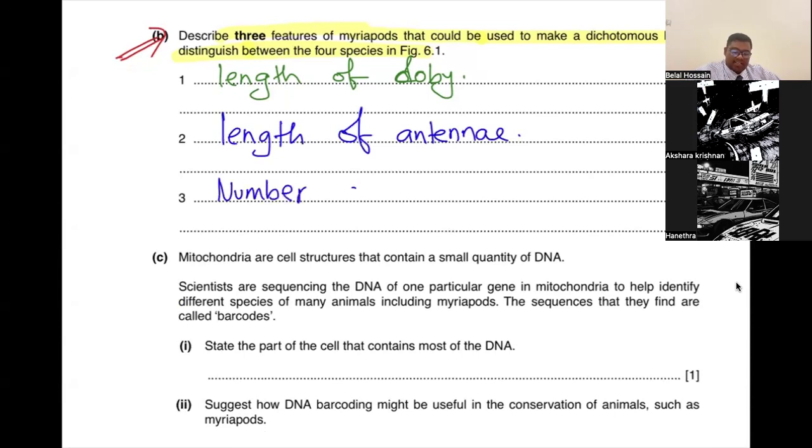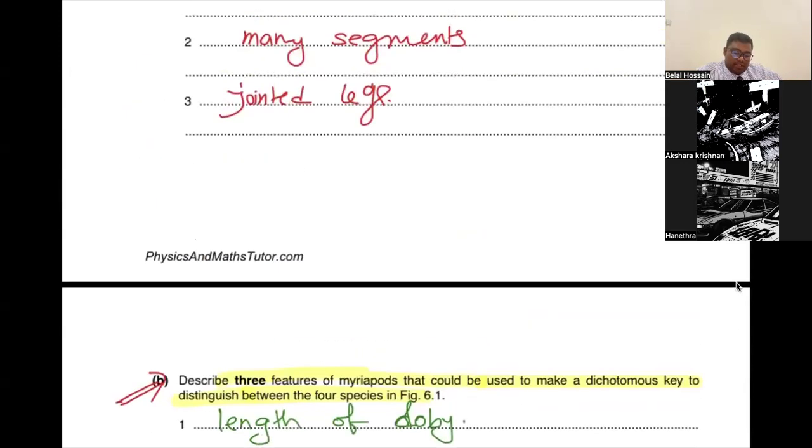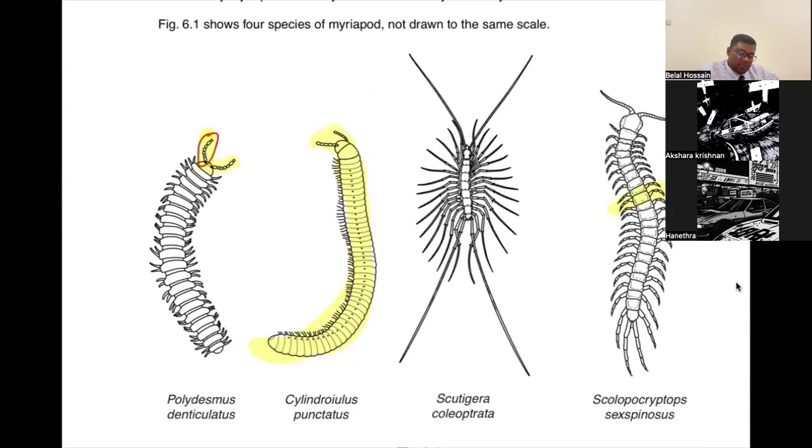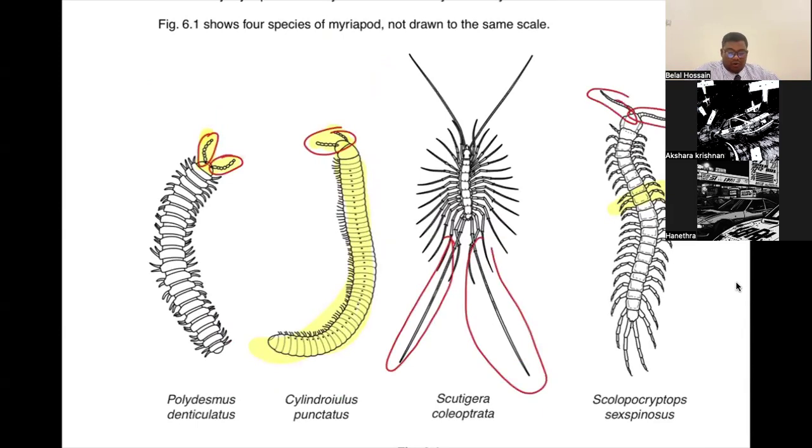This is correct. You see how you can distinguish between them. You can distinguish with the antennas. You can see the different lengths of antennas, so big, so small. This one is smaller, these two are relatively larger.